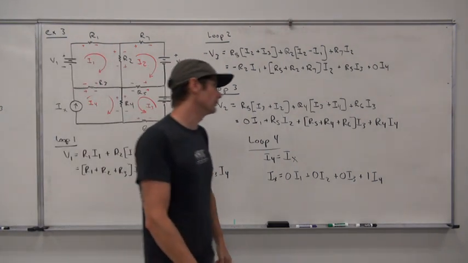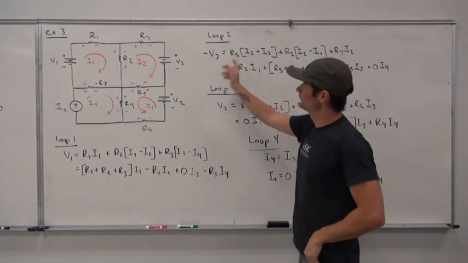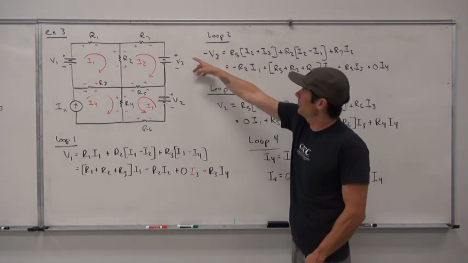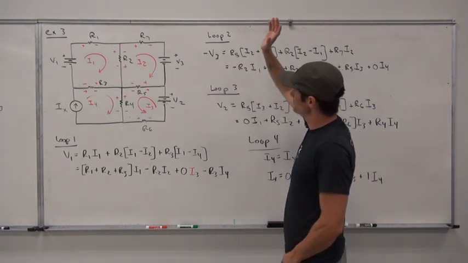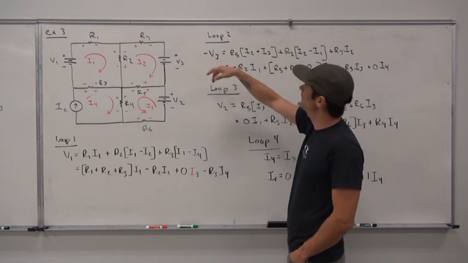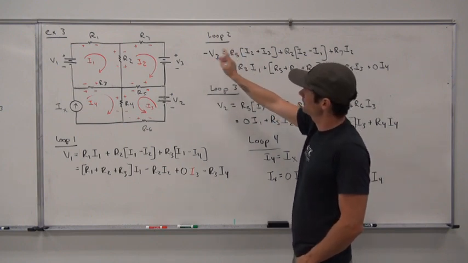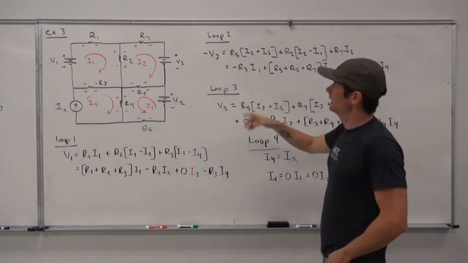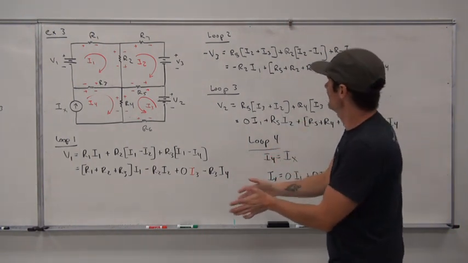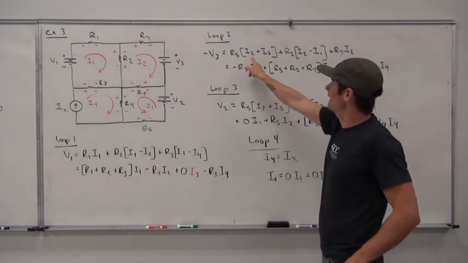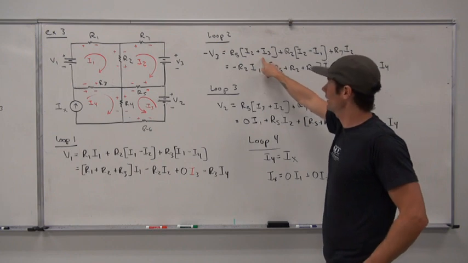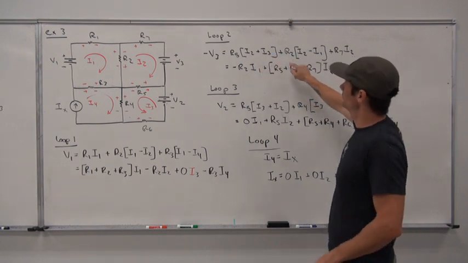Let's take a look at loop 2. So for loop 2, I2 is moving positive to negative, which signifies a voltage drop. So we would say negative V3, and that's going to be equal. Let's look at R5 first. Looks like both currents are flowing together, so we're going to say R5 times I2 plus I3. Get to R2.